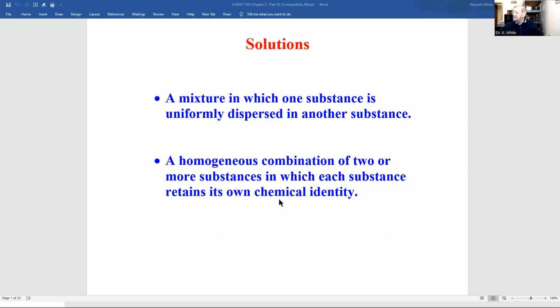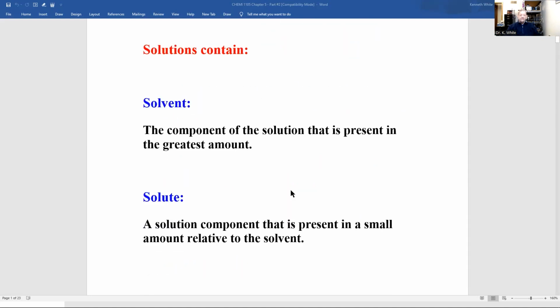If I mix water and salt, shake it up, you've got a solution of water and salt. If I evaporate all the water, guess what? You'll get the salt back. And that's what we mean by each substance retaining its own chemical identity.